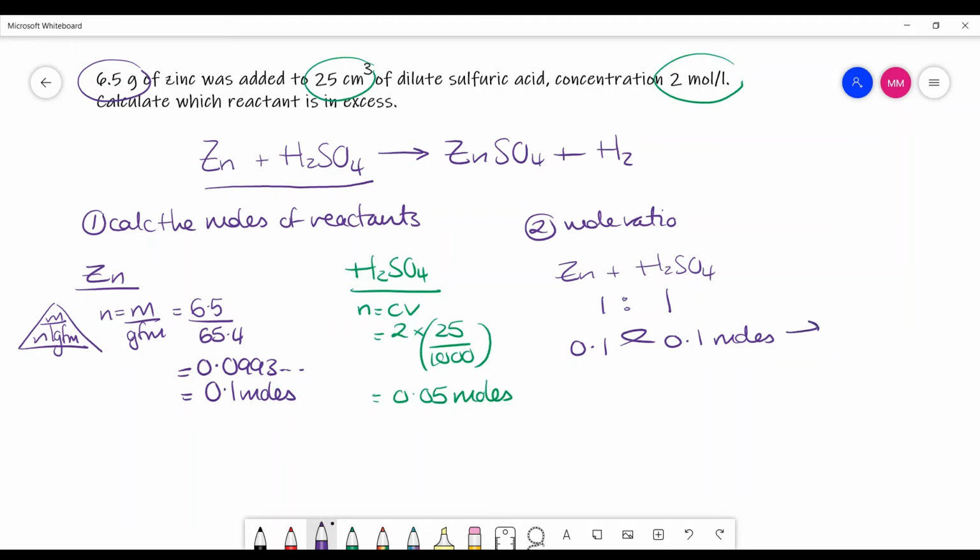Okay, so this is what we need. However, we only have 0.05 moles of sulfuric acid. Therefore, our sulfuric acid is our limiting factor, and our zinc is then our excess reactant.